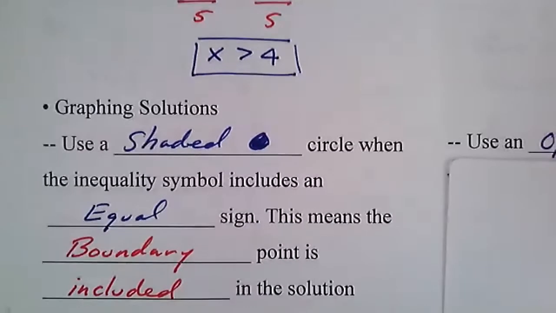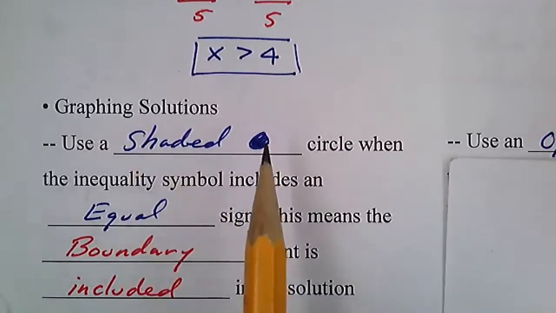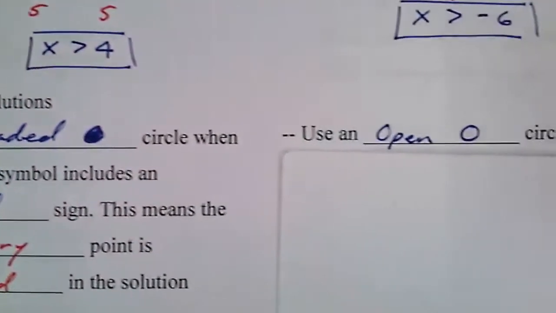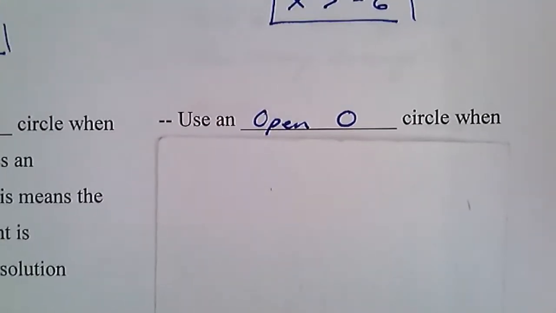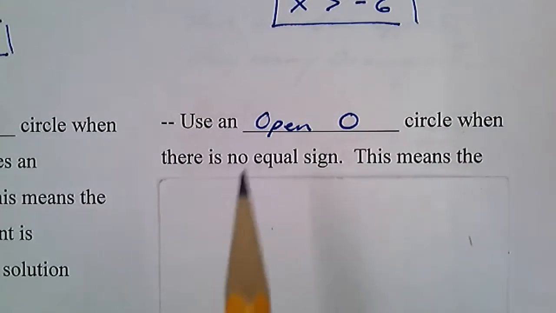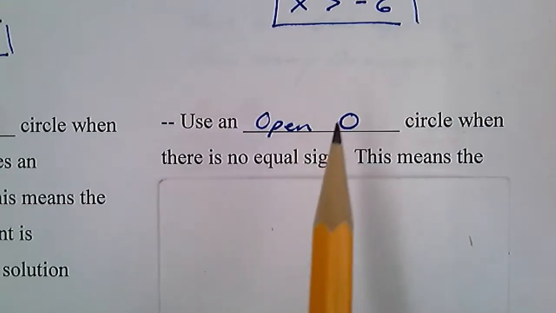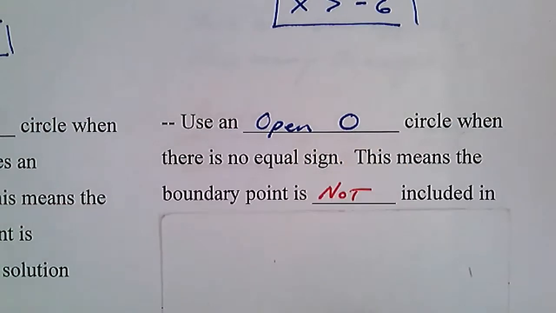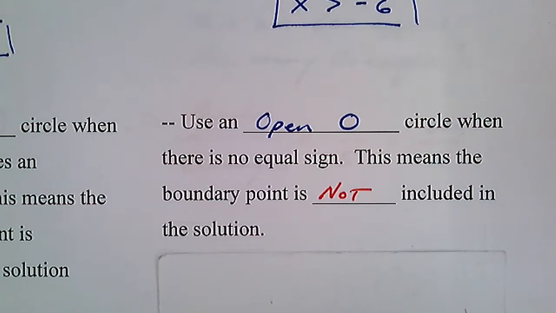On graphing, I'm sorry, we did the shaded circle, and then I kind of went out of order here. We want to use an open circle when there is no equal sign, right? No equal sign, open circle. This means the boundary point is not included in the solution.